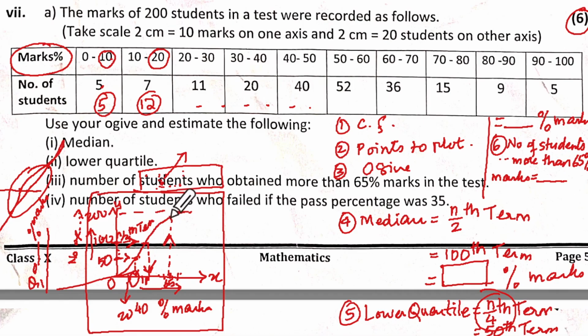Understood? Then where is the point of intersection? From here you come there and you read this. Okay, whatever this is, let us say this is your value A. So how many students have got more means this region. What will be this region? What minus what?